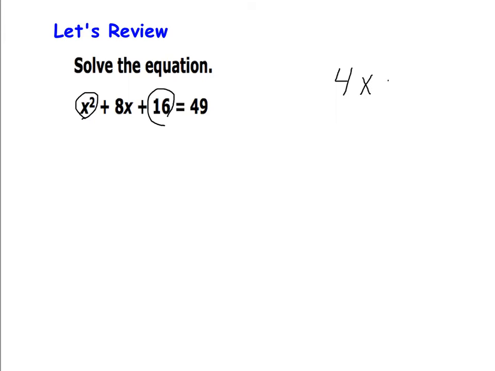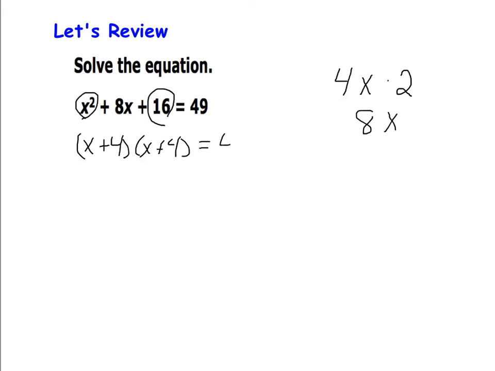If you take that and times it by 2, that would give you 8x. If this is 8x, then that means this side is a perfect square trinomial, which means when you factor this, it will factor into x plus 4, and then x plus 4.